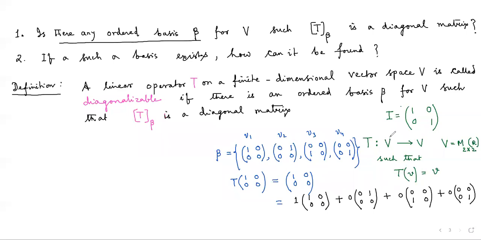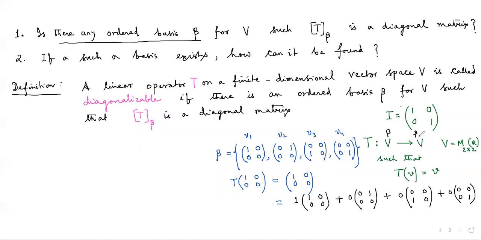And since on both the sides, that is on the domain side and on the codomain side, we have the basis beta and beta, and we know that once we find the transformation on the basis element, then that particular outcome is again expressed with respect to the basis element of the codomain.